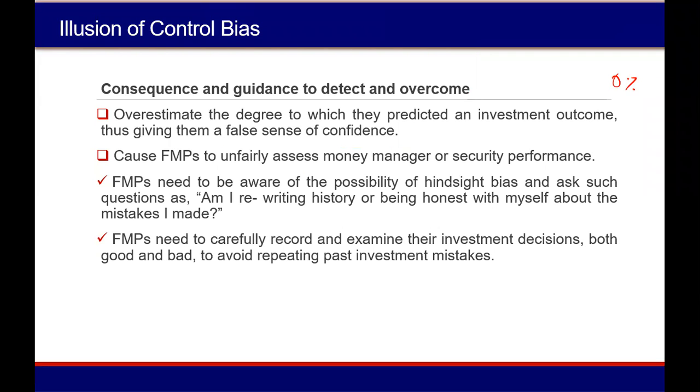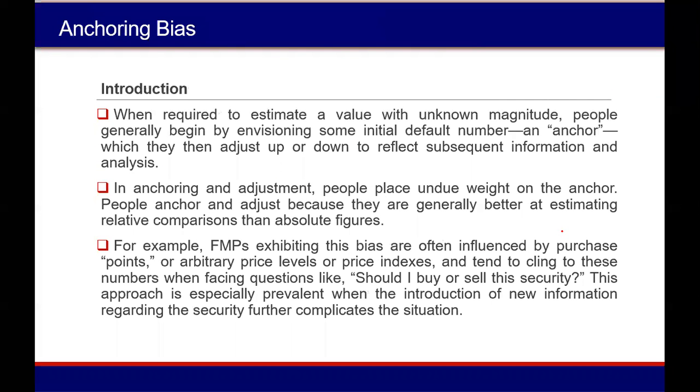We need to record our decisions every time, what we are doing and for what purpose, so that we can avoid the mistakes later. The remaining biases to be presented now are not belief perseverance biases. Rather, those are more related to information processing bias.